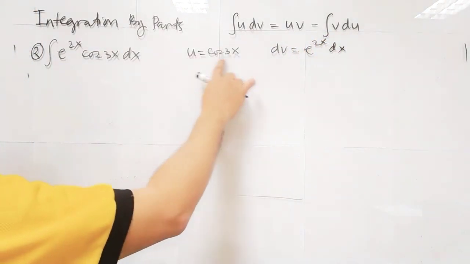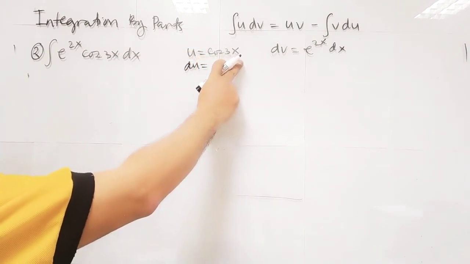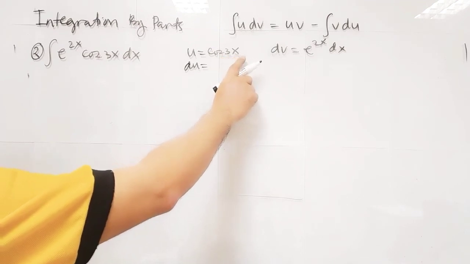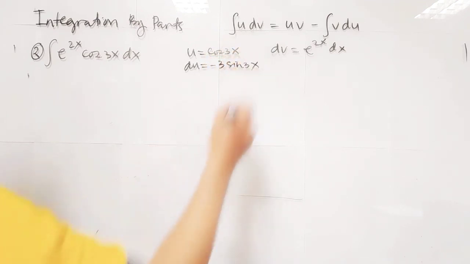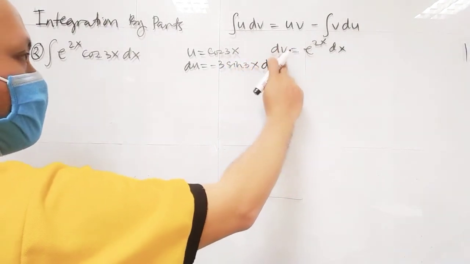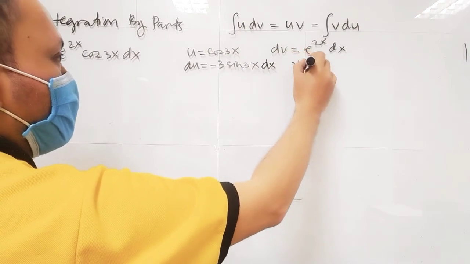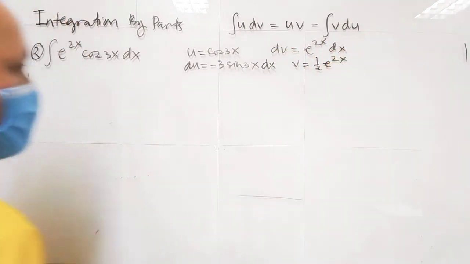Then the derivative of u: the derivative of cosine is negative sine 3x, and the derivative of 3x equals 3, so du is negative 3 sine 3x dx. And then the integral of dv equals v, that is 1 half e to the 2x.